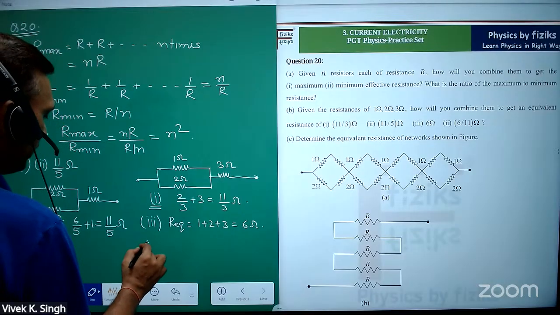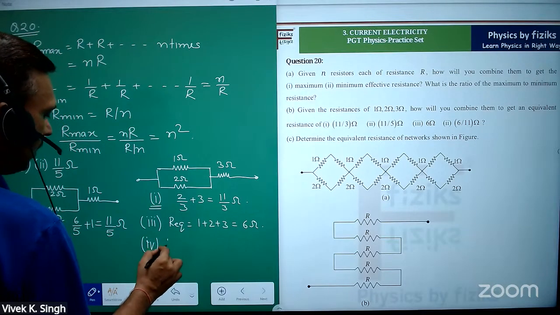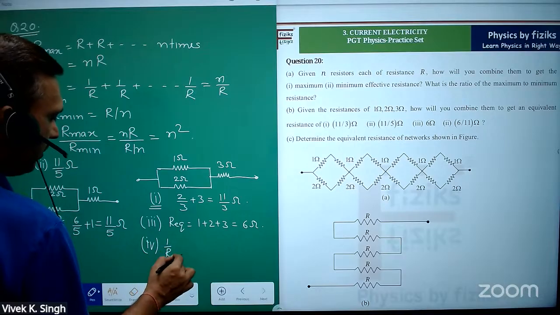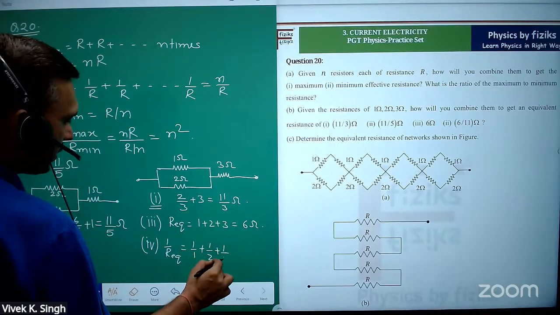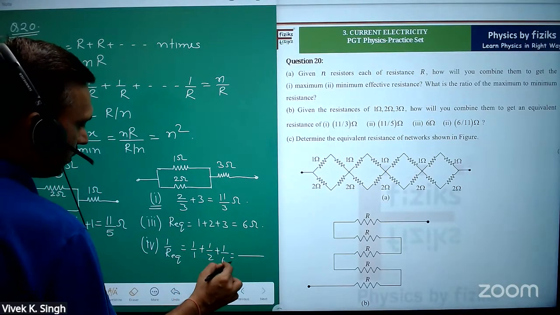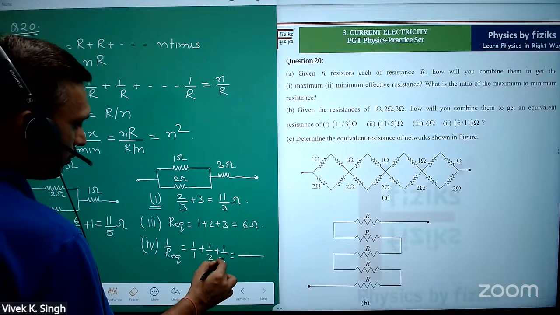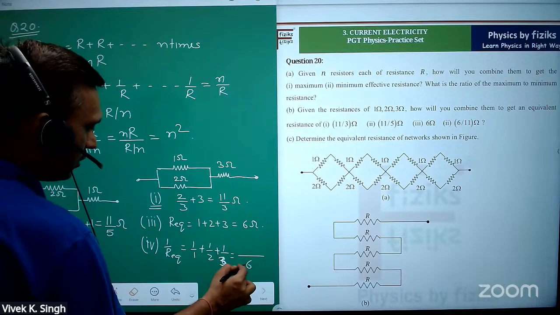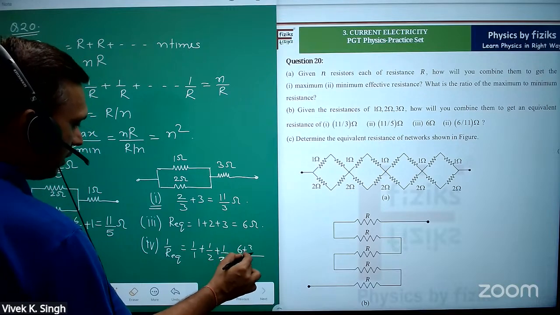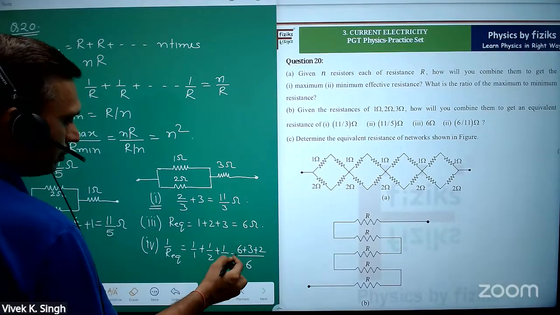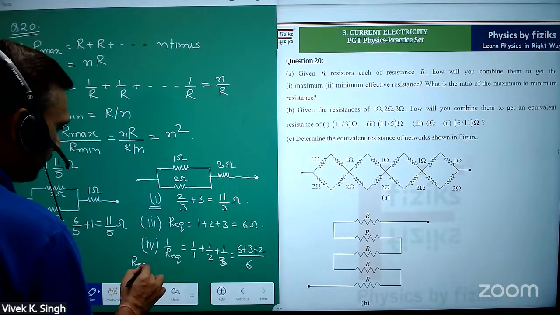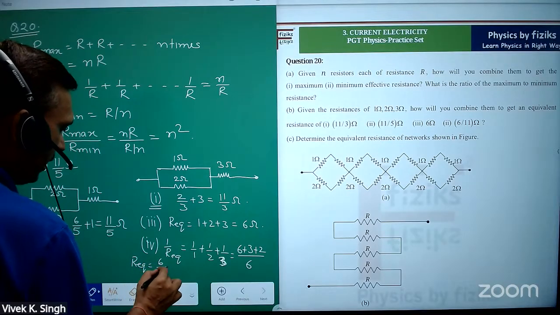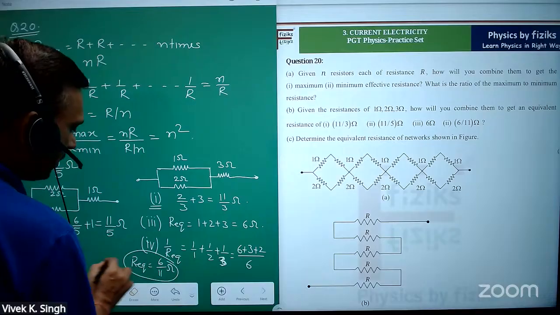This is the fourth one. So 1 by R equivalent will be 1 by 1 plus 1 by 2 plus 1 by 3. So this is 6 plus 3 plus 2 over 6. So R equivalent will be 6 by 11 ohms. Clear?